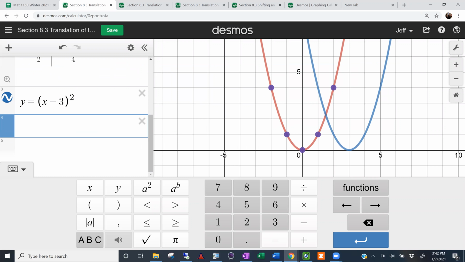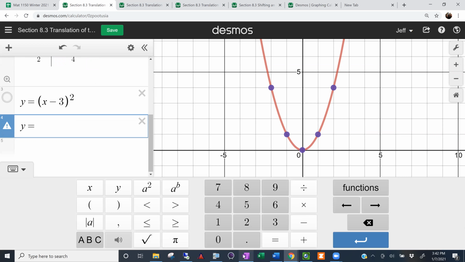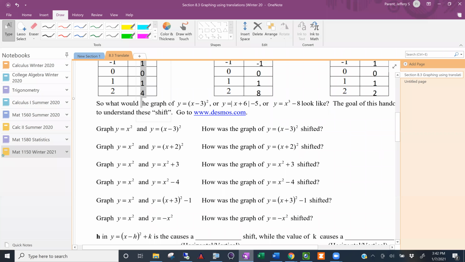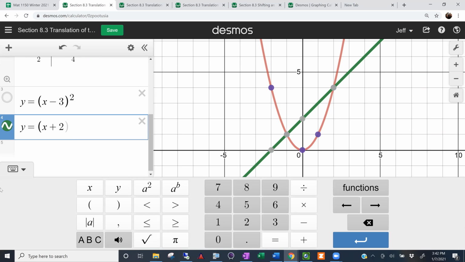All right, let's shut off this other graph here for a second. Oh, here we go. So we've got y equals, and let me just double check this one here, (x plus 2) quantity squared, and let me shut this graph off for a second.